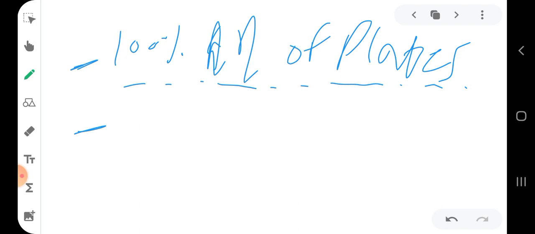So we are assuming that we are applying the Make-up-Tele method without any other efficiency, like the Murphree vapor efficiency or the Murphree liquid efficiency.